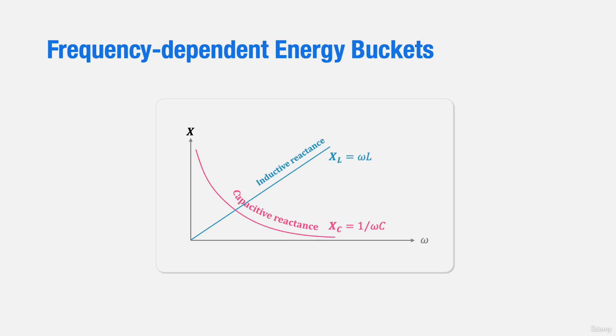These two lines, one rising and the other falling, will intersect at a certain frequency, known as the crossover frequency. At the crossover frequency omega 0, the reactance of the inductor is as large as that of the capacitor.